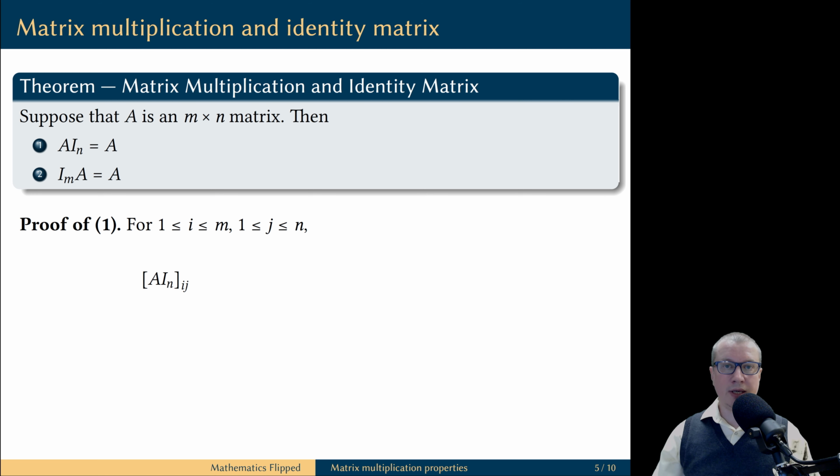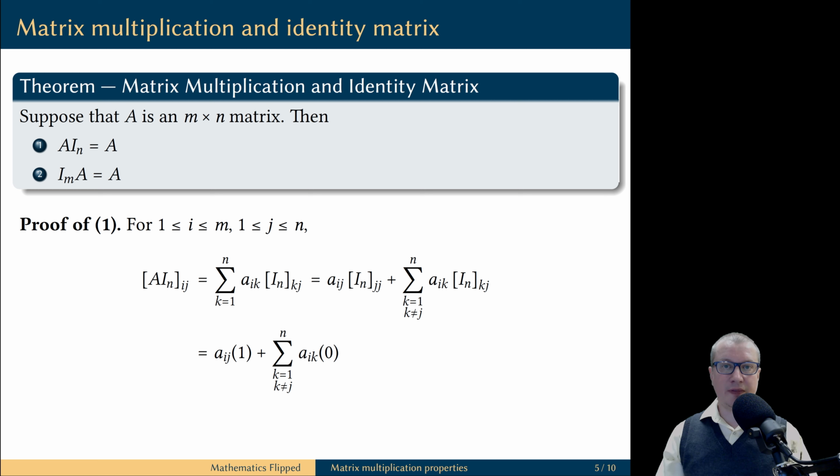We compute the entry in position ij of the product matrix using the entry by entry formula. In this sum, where k ranges from 1 to n, I am going to pull out one term where k is equal to j. So that leaves one single term where k is equal to j, plus the summation of the other terms where k is not equal to j.